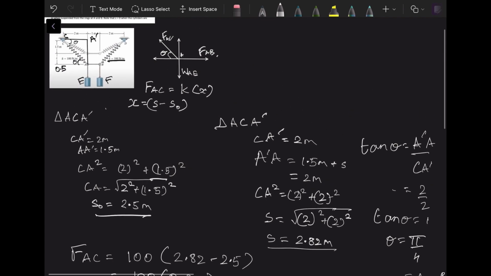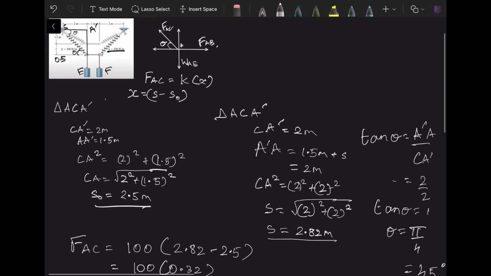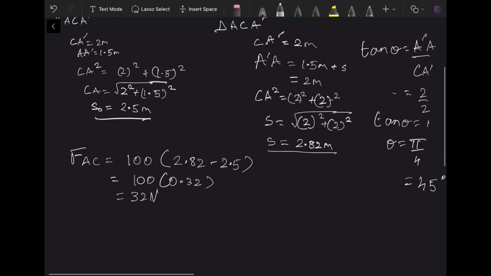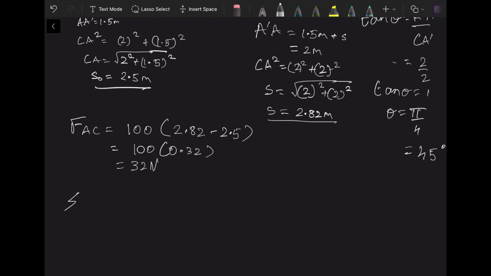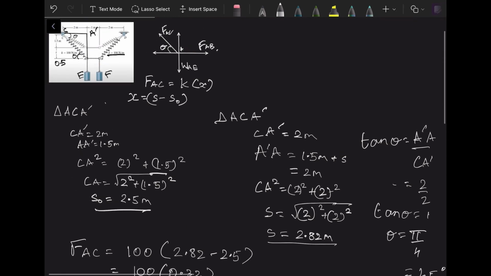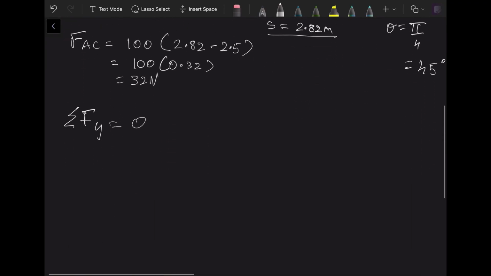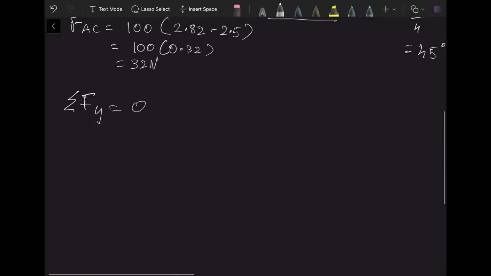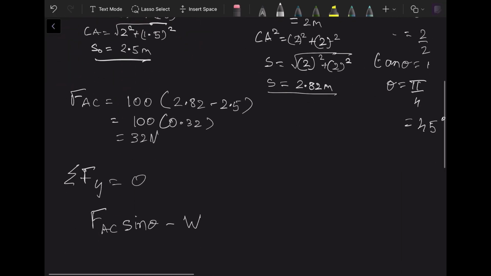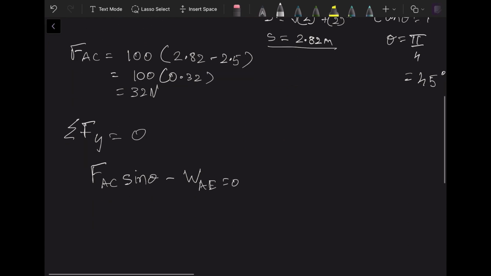Now taking this free body diagram, summating all the y components equals 0. So from here, FAC sine theta minus WAE equals 0.